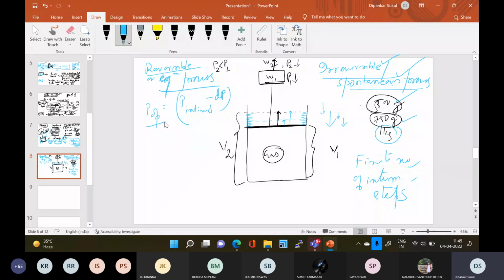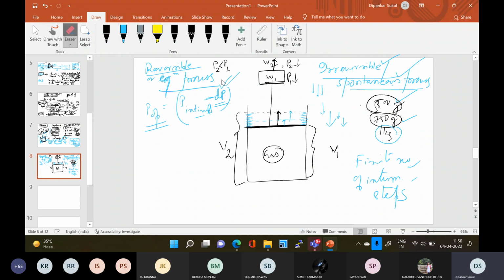That is, the opposing pressure will be the initial pressure minus an infinitesimally small amount. This is during expansion. Similarly, during compression, your opposing pressure will be your initial pressure plus dP. That means I will increase the pressure by an infinitesimally small amount.